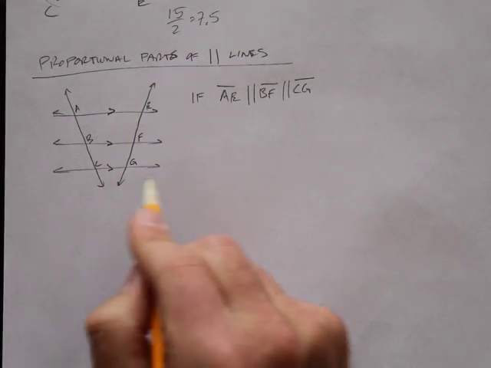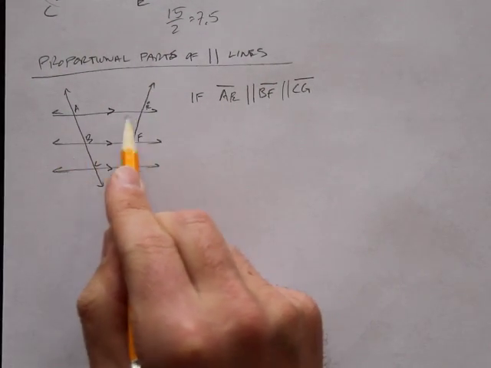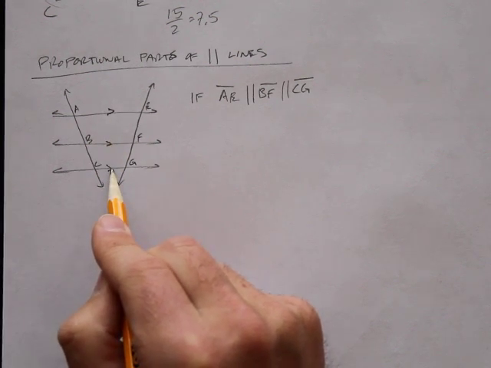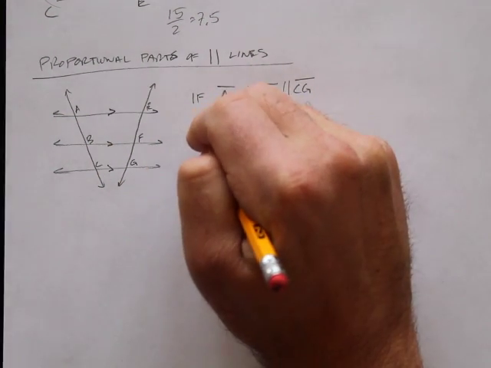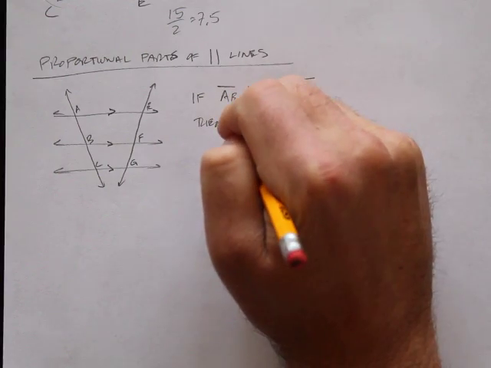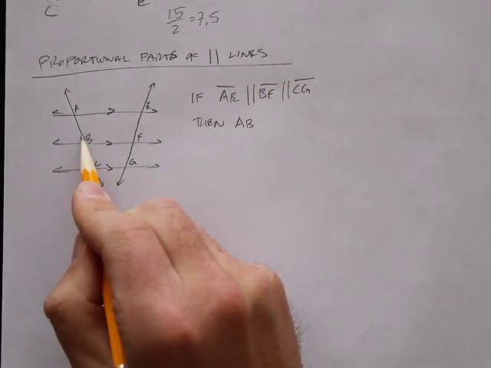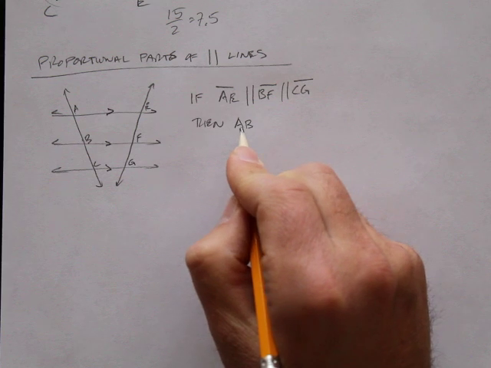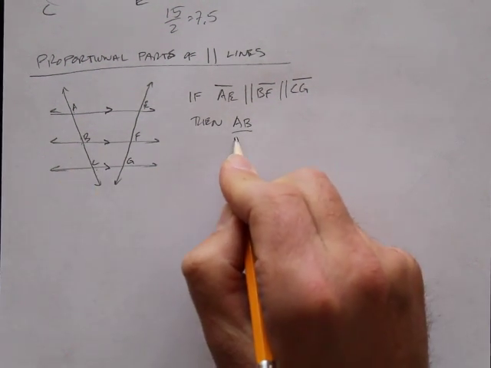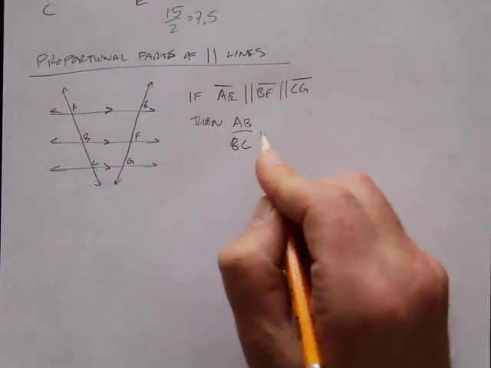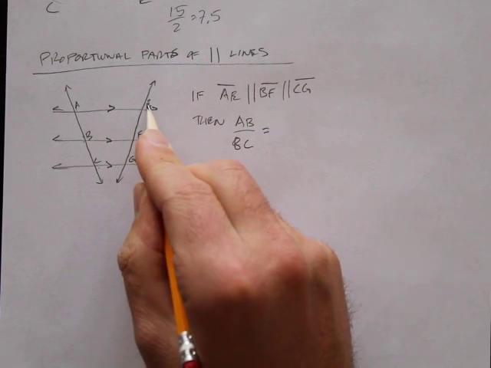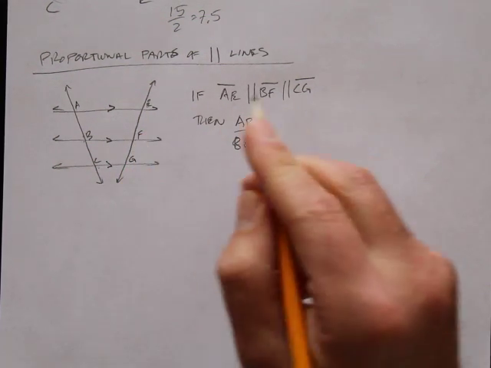We could say they're lines too if we wanted to, but we're talking about this segment right here. So if these are all parallel, then AB, so AB here, over BC is equal to EF over FG.